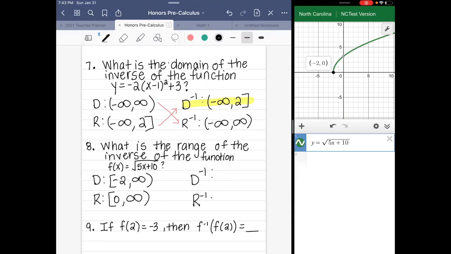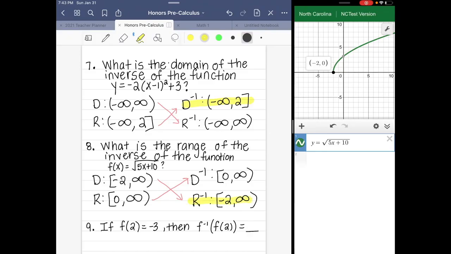Now remember, we want to find the domain and range of the inverse. So the domain and range of the inverse is going to be the opposite. Whatever the domain was of the original is now the range of the inverse. Whatever the range was of the original is now the domain of the inverse. So this is going to become 0 to infinity for the domain of the inverse, and then we're going to have -2 to infinity for the range of the inverse.